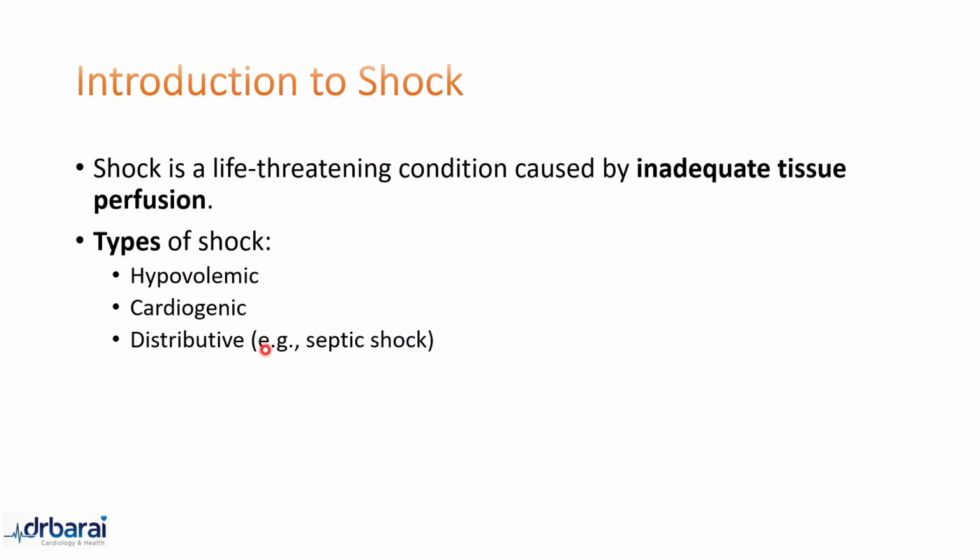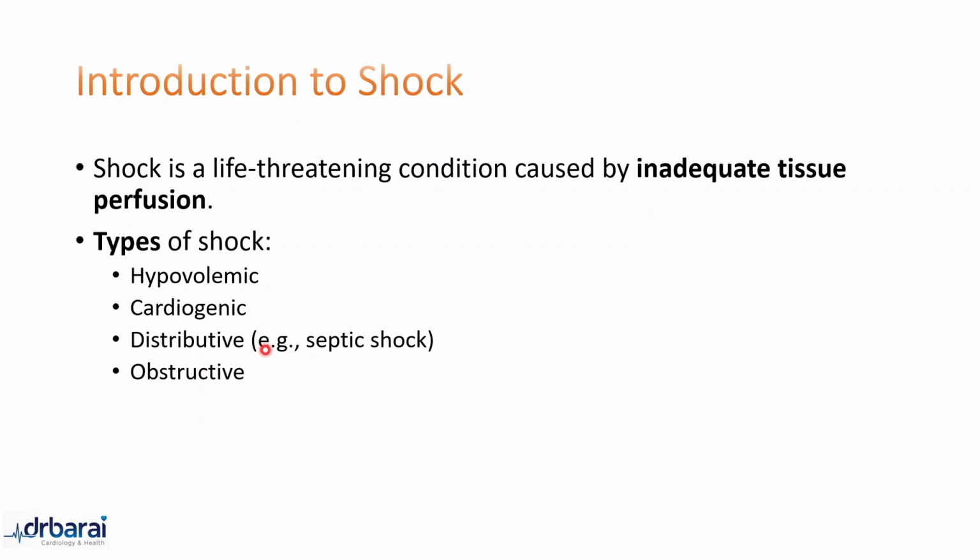Another example is septic shock, which we see in the emergency department quite often. Septic shock is due to sepsis. They have got vasodilatation and that can cause redistribution of blood. This type of shock can be quite difficult to treat if we do not diagnose early.